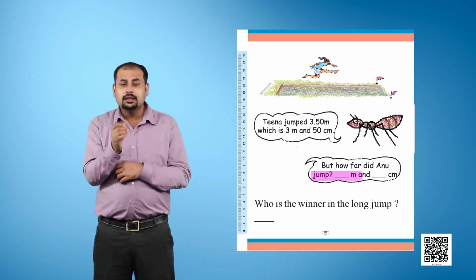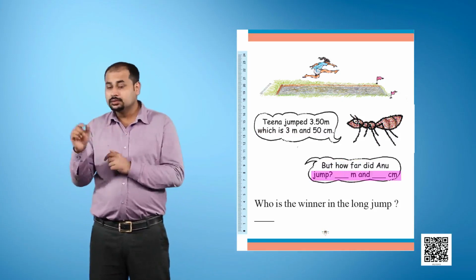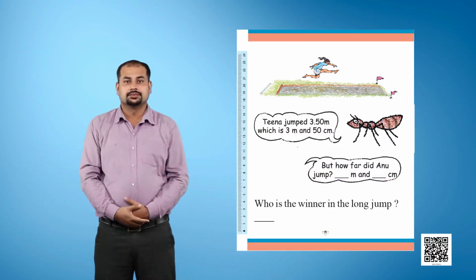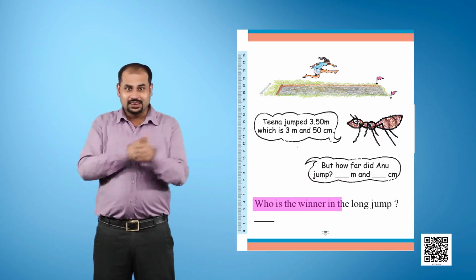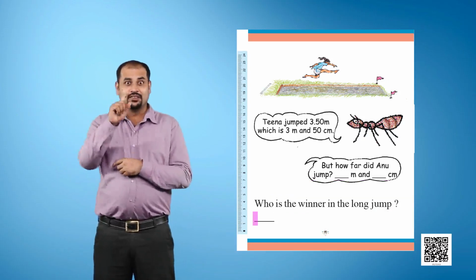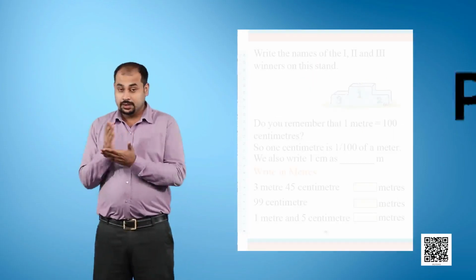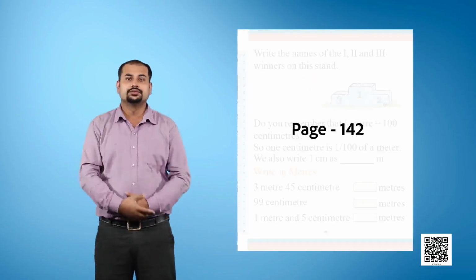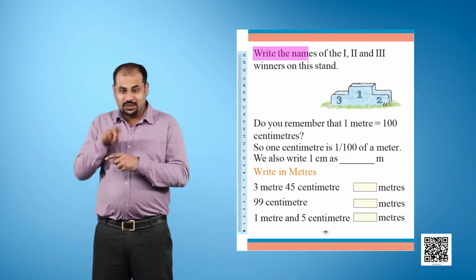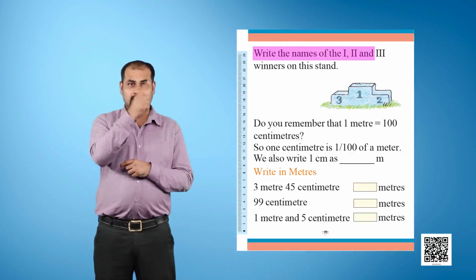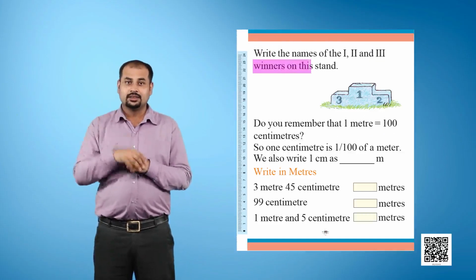Dash meters and dash centimeters. Who is the winner in the long jump? Dash. Page 142. Write the names of the first, second and third winners on this stand.